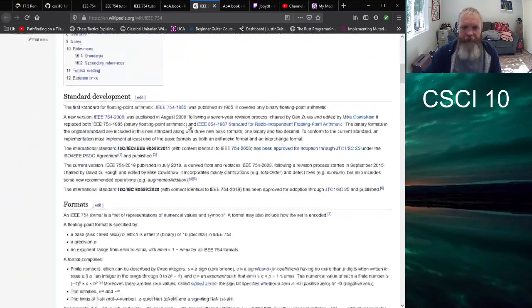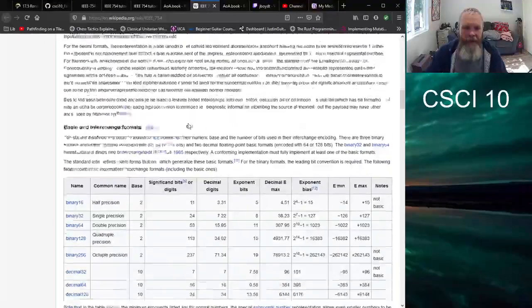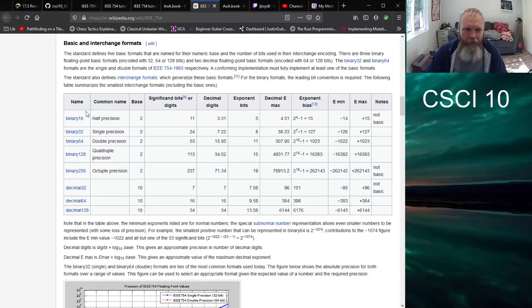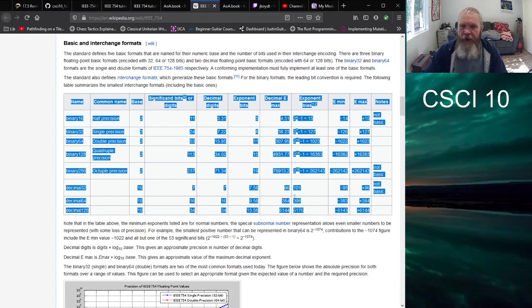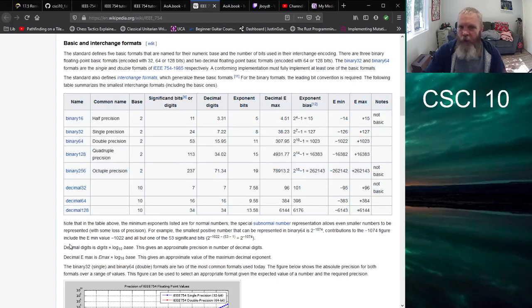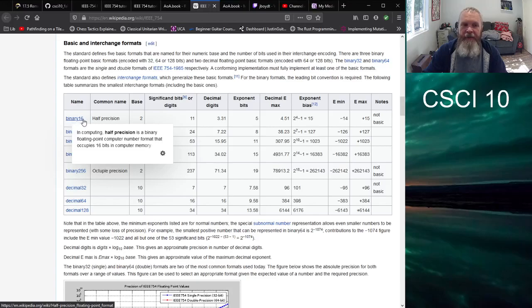Okay, so it's pretty scary looking if you read down through here. This table has some interesting information in it. We're only going to do one kind of this just so you can get a feel for it. But you'll notice that the standard defines several different sizes of floating point values. So there's a 16-bit definition, which I have never seen in a programming language.